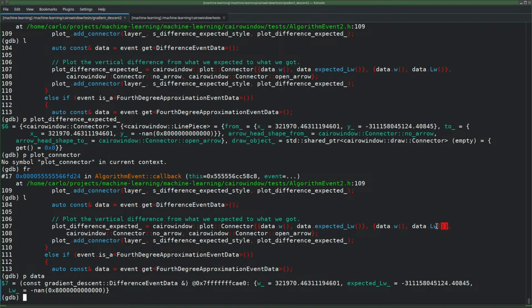This is not a number. Difference event data. It's not a number.